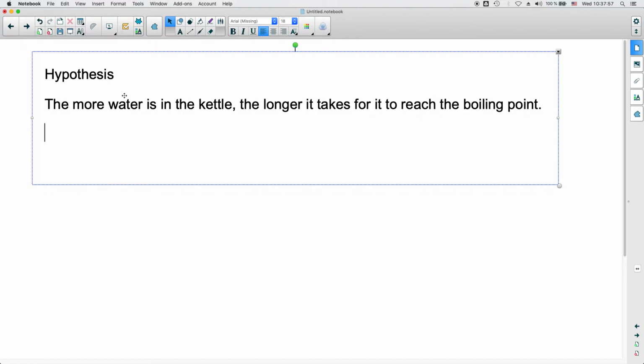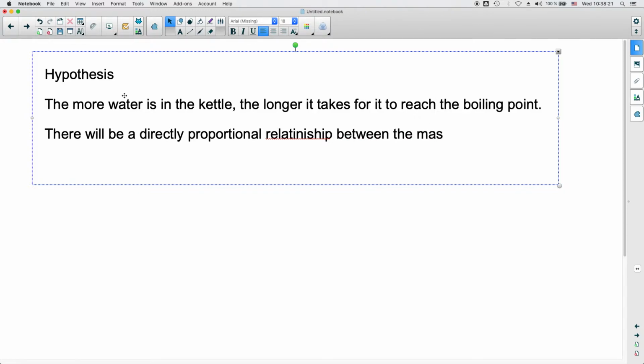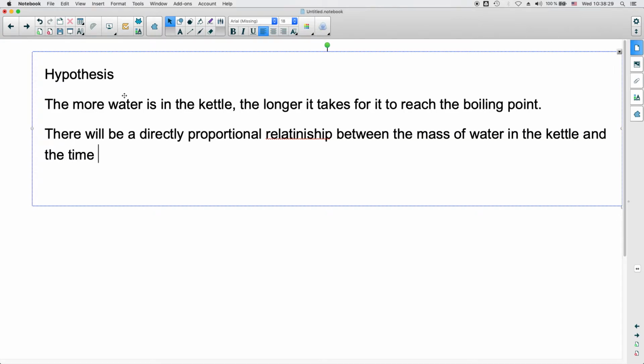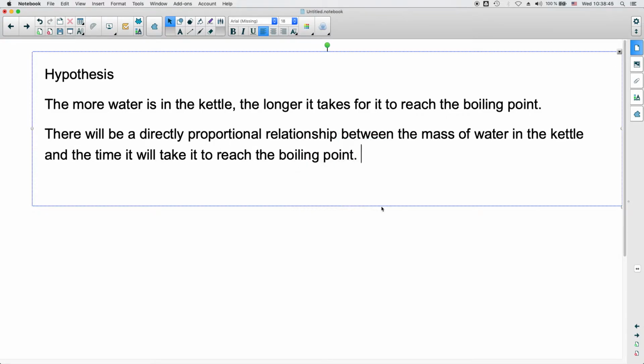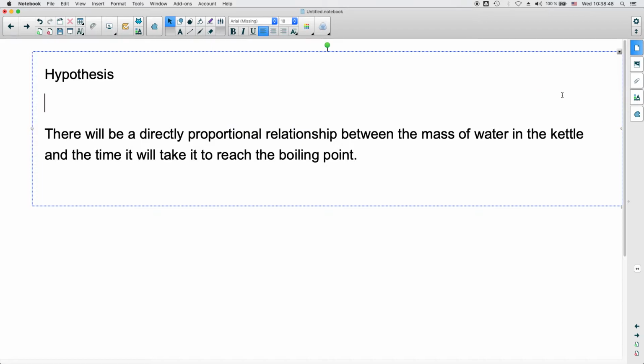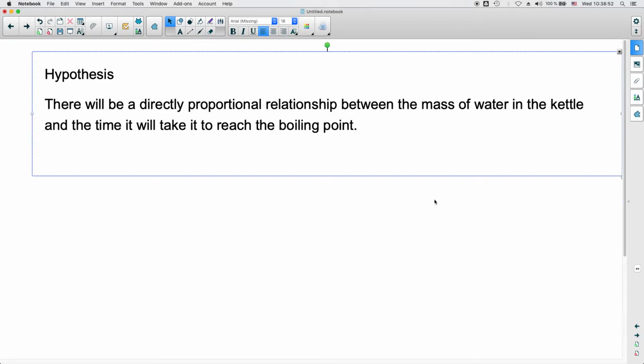If I know, and I will show you in a moment how to know, that there's a proportional relationship, then I can say, instead of what I wrote above, there will be a proportional, or better, directly proportional relationship between the mass of water in the kettle and the time it will take it to reach the boiling point. And there's a typo here. There we go.